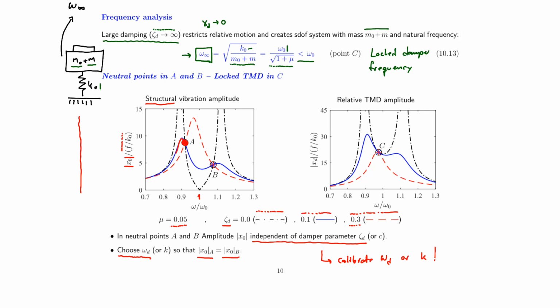We would actually like to have, ideally speaking, a flat plateau at a certain level, like this, so that along this flat plateau we do not have any peaks or drops, so we have a constant amplitude level.